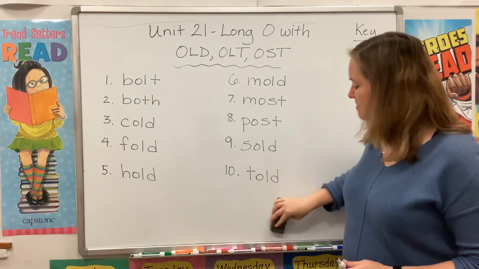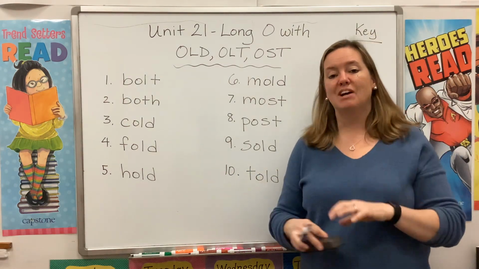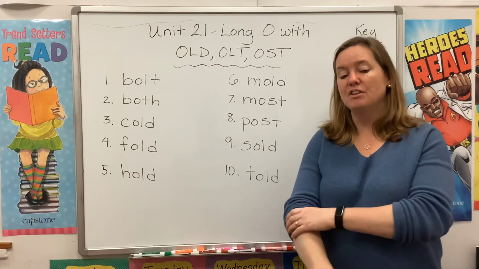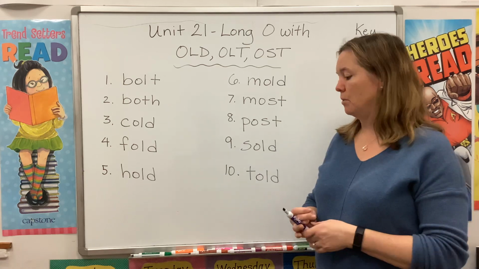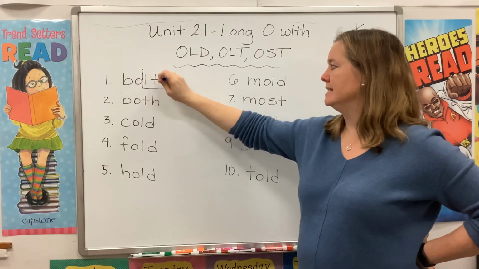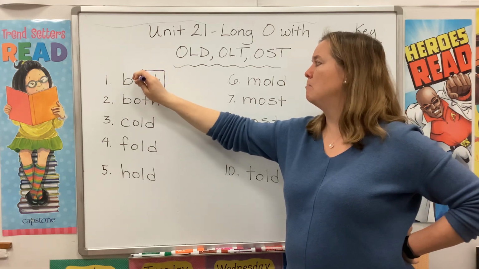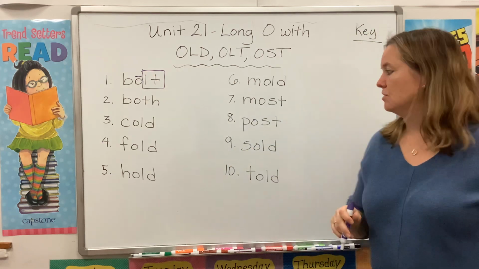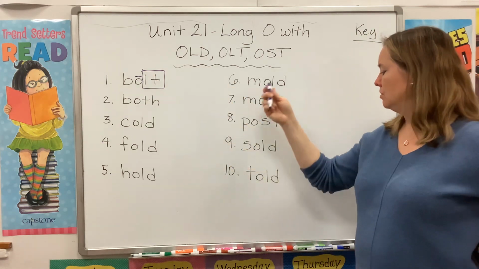All right, so let's figure out what kinds of consonants we have to put after the O to make that long O sound. Let's start here with the LT in the word bolt. That O is long. Now, quick look.